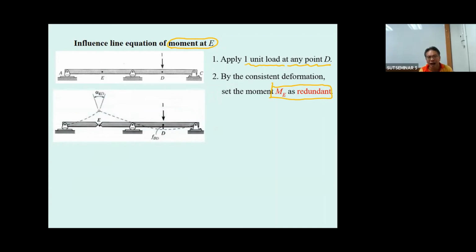The hinge at E moves to E prime and has the slope, the slope alpha at point E due to the force at D.